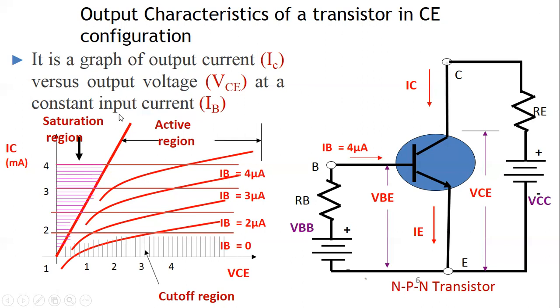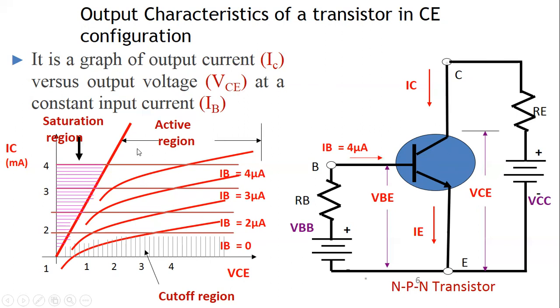So that is how we categorize the three regions according to the biasing condition we have applied across this transistor device. We have three regions: the cutoff region, which we get when IB is less than zero, so this lower region is the cutoff region. And what is the active region?